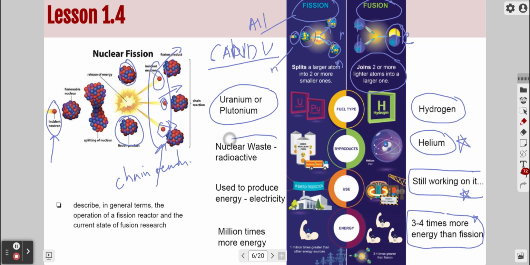The byproducts are nuclear waste and it is radioactive. So this is one of the issues with nuclear energy. It can be used to produce energy and electricity, and this is what we use in these fission reactions for. And it's a million times more energy than any other energy source that we are using.